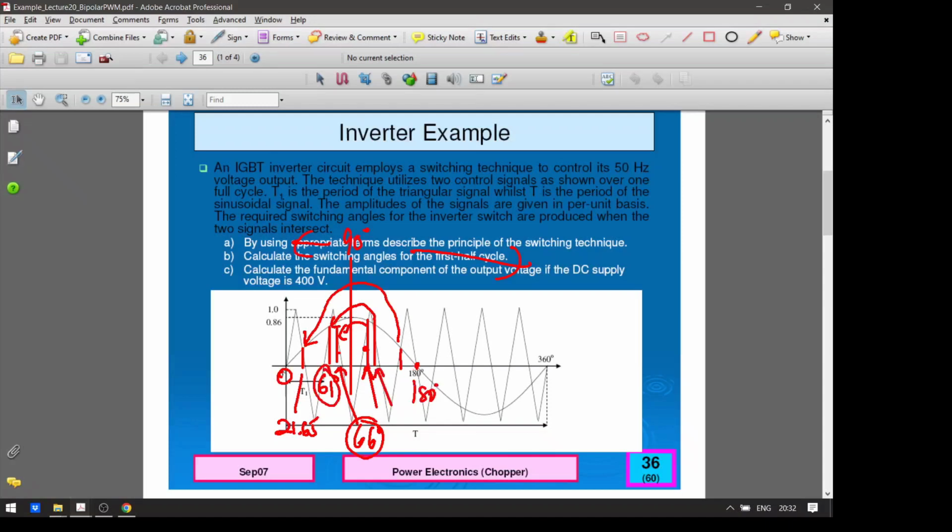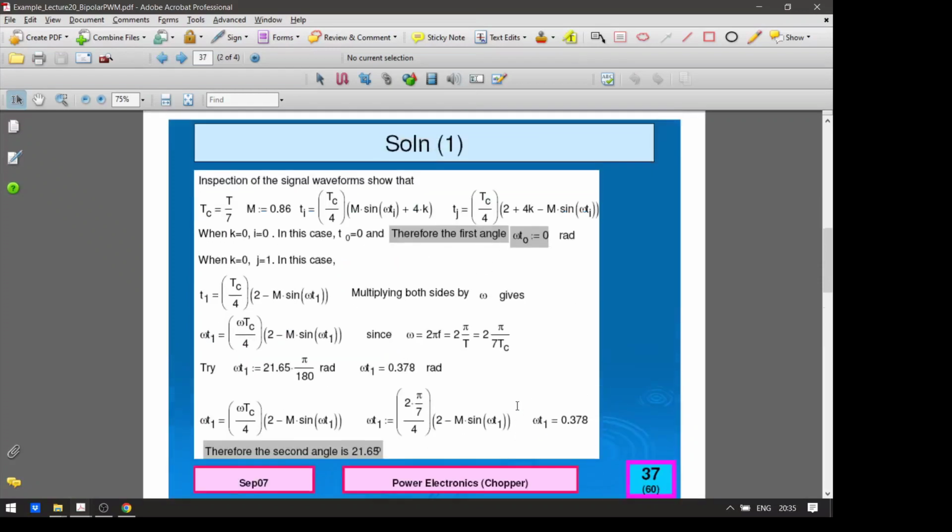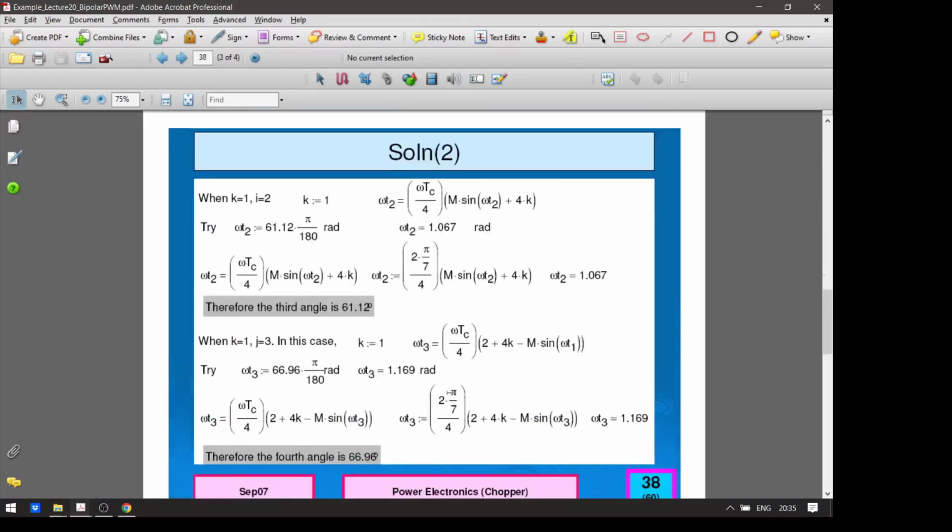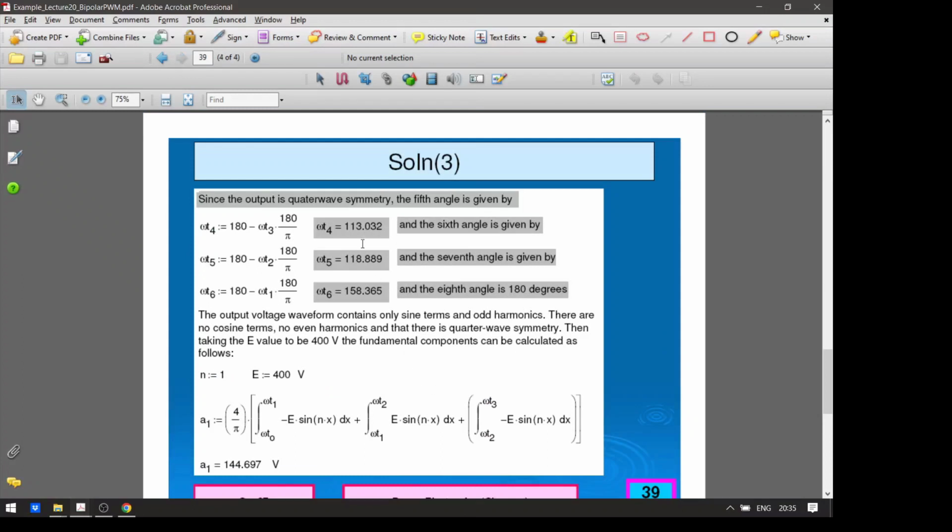And then 180 degrees minus 21.65 will give you that angle. You can only do this if the waveform is symmetric. So that's why in the solution it only calculates the first 4 angles, and for the rest you just simply do 180 degrees minus the angle. So now you get all the angles.